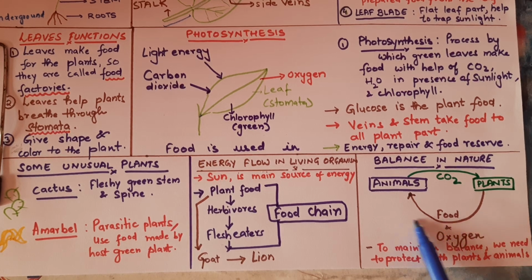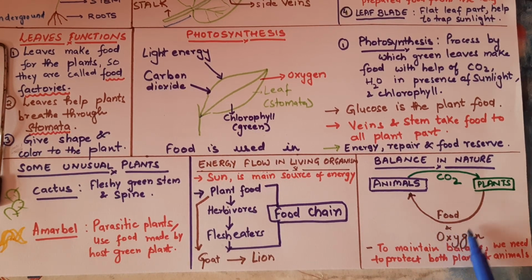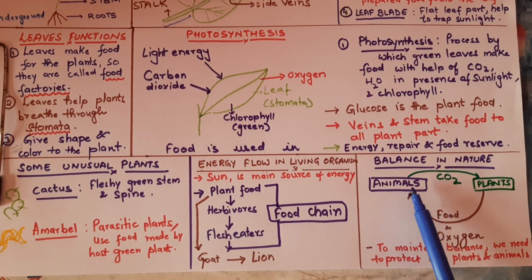So we take the food and oxygen from the plant, and then we also give back carbon dioxide. This is a cyclic process, and it maintains a balance in nature. So now you understand that we need to protect both plants and animals to maintain the balance in nature.